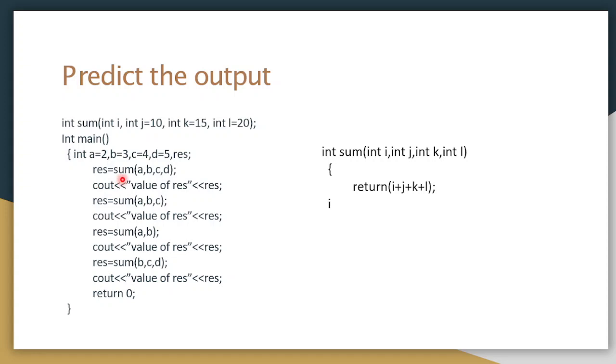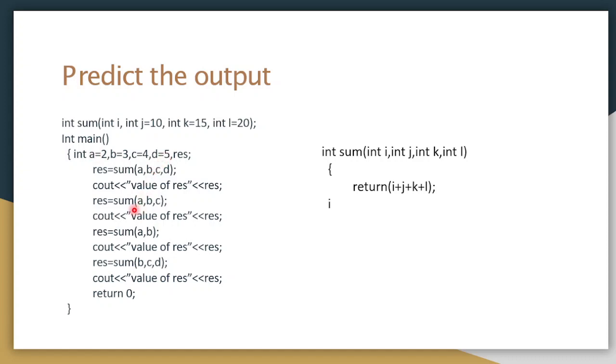What will be the value of res when the function call is sum(a, b, c, d)? a is 2, so the value of i will become 2. b, c and d are also given, so it won't take the values of the default arguments, but it will take these values.